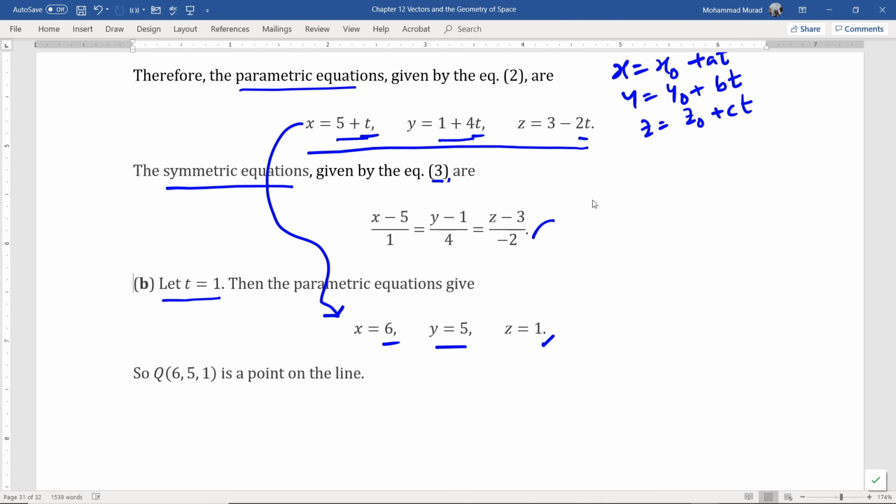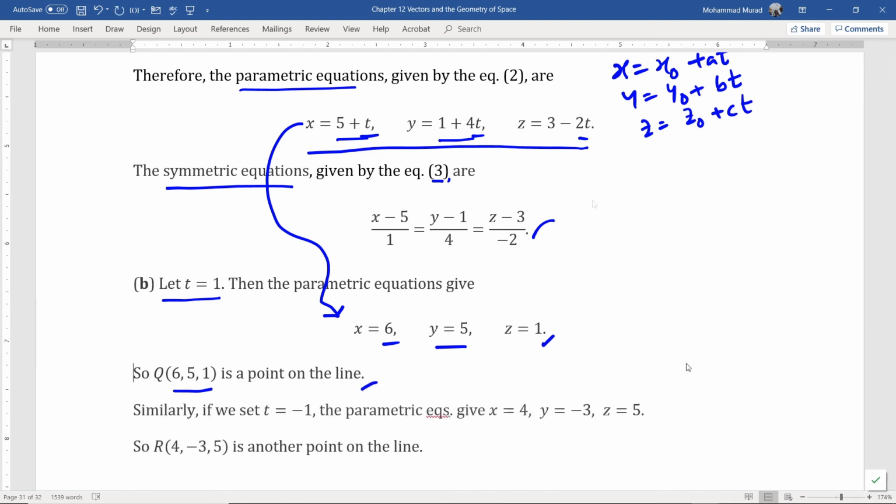So the point Q with coordinates 6, 5, 1 is a point on the line. Similarly, if we set t equals negative 1, the parametric equations give x equals 4, y equals negative 3, and z equals 5. So R with coordinates 4, negative 3, 5 is another point on the line.